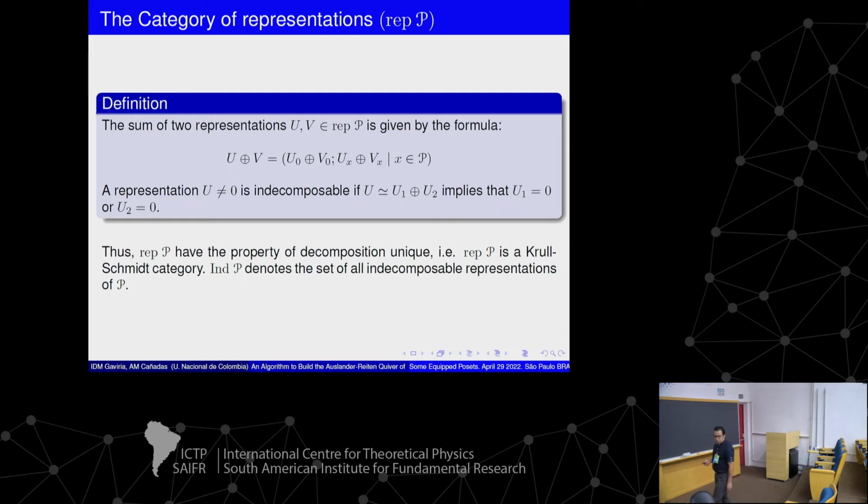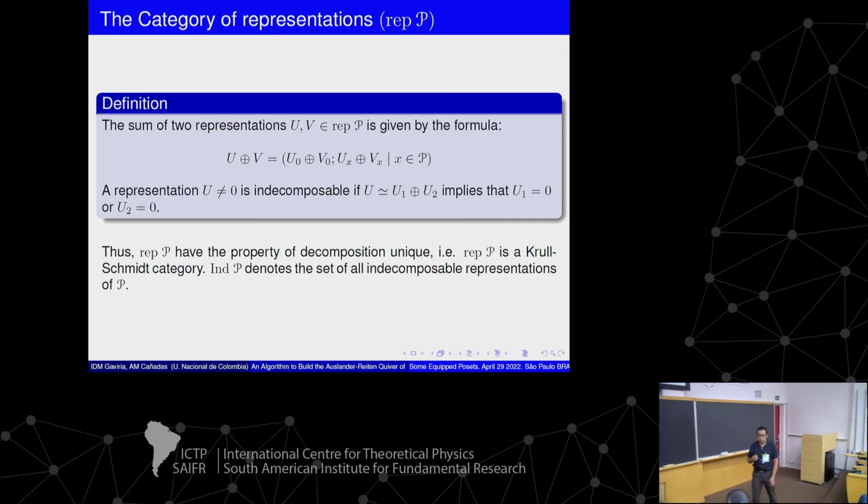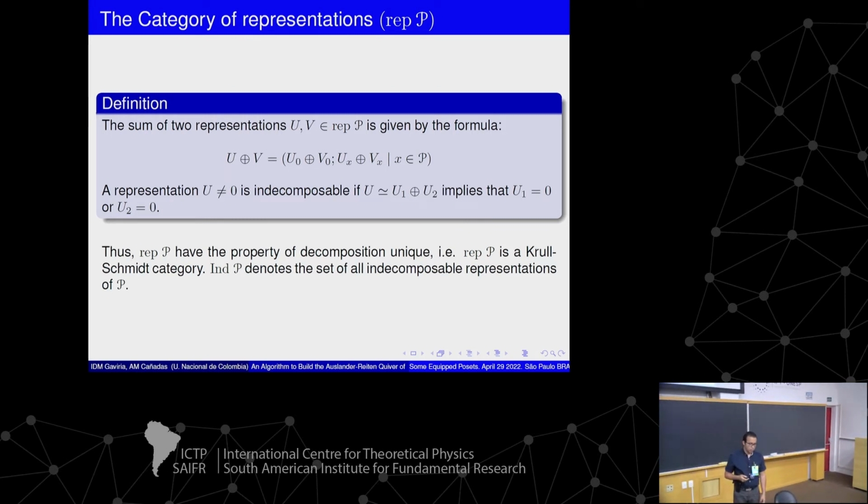We have that a representation is equal to 0 if all spaces associated to the representation are equal to 0. Then, if we have a representation which is not equal to 0, this representation is called indecomposable if, whenever you write the representation as a sum, one of the summands is equal to 0.